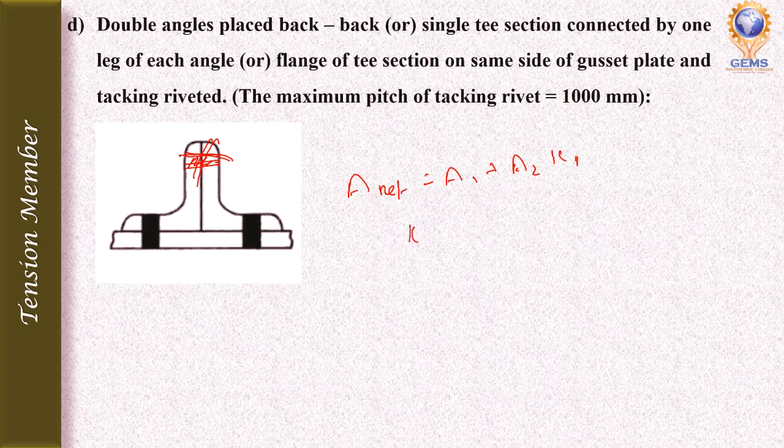Here K1 will be different, 3 times A1 divided by 3 times A1 plus A2. Otherwise, the A1 and A2 values are the same. Okay, this is the net sectional area.